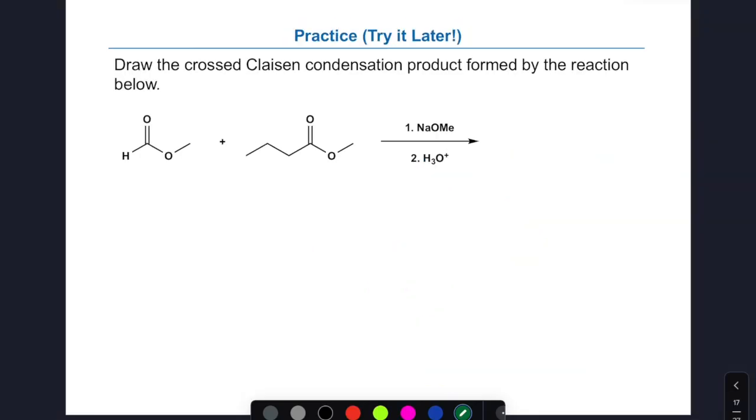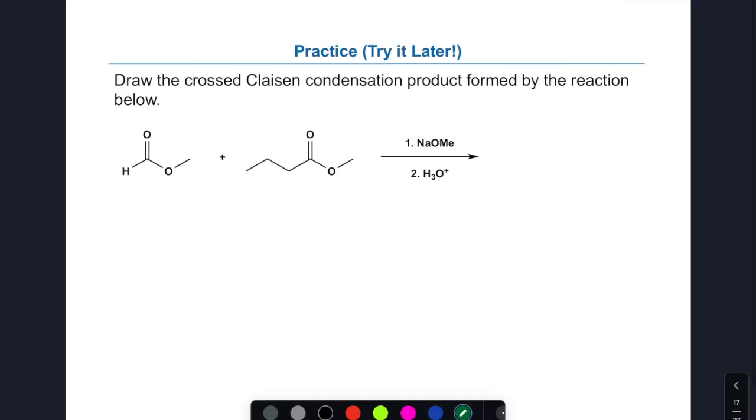Okay, for our problems, we're asked to draw the crossed Claisen product from this. Now, we're given a reaction where our base is sodium methoxide. Now notice both of the esters are methyl esters, so that's compatible. That makes sense. We have to identify which is the donor, the nucleophile, and which is the acceptor.